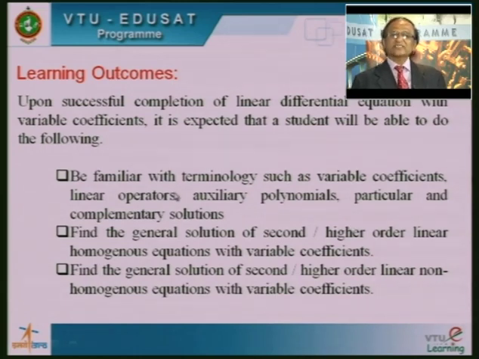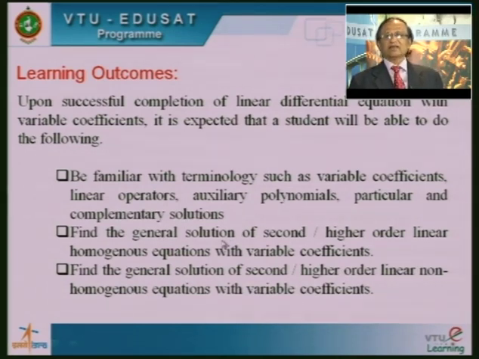If the given equation is non-homogeneous, then the solution is y equals the complementary function plus the particular integral. Is it clear? If the right hand side is equal to 0, then y equals the complementary function becomes the solution of the given differential equation.